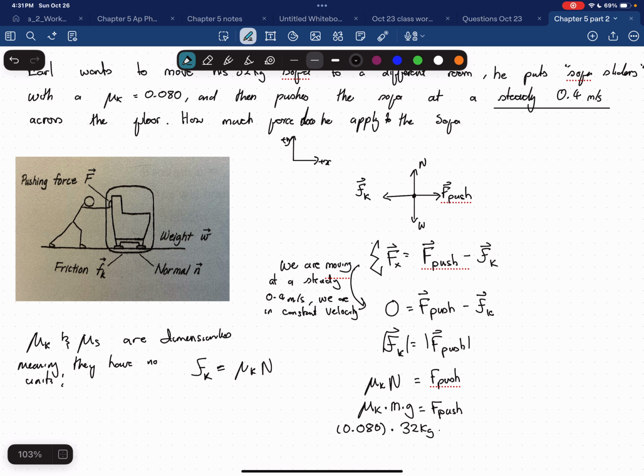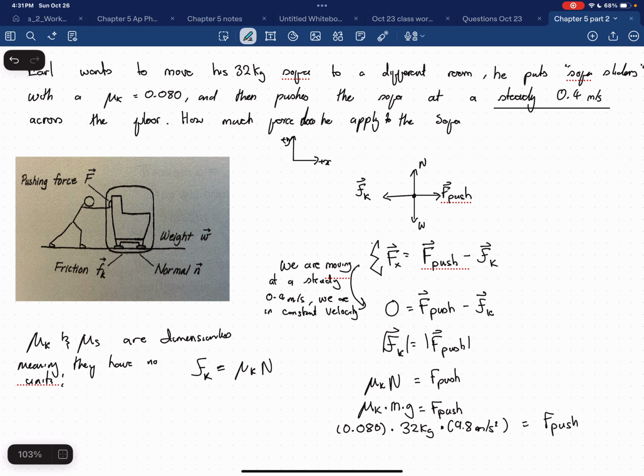Then g is going to be 9.8 meters per second squared. When you put it in the calculator, I'm not going to do that, but that's your F push. I've taught you the physics. Now you can do the math. All of you can do math. You're in AP Physics.